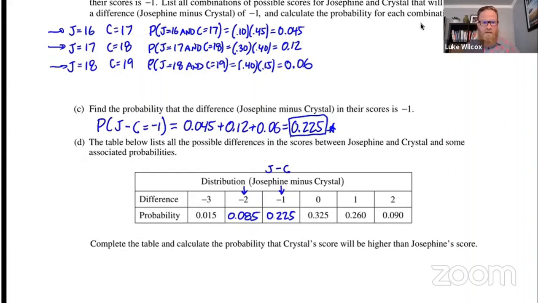And now to answer the final question, complete the table and calculate the probability that Crystal's score will be higher than Josephine's score. Okay, we want Crystal's score to be higher. Well, if that second number is higher, when I subtract J minus C, I'm going to get a negative value. So what I'm really looking for here is the probability that J minus C is negative or less than 0.